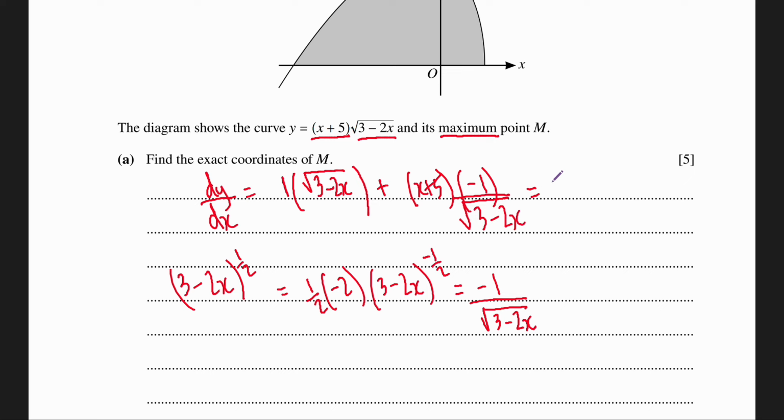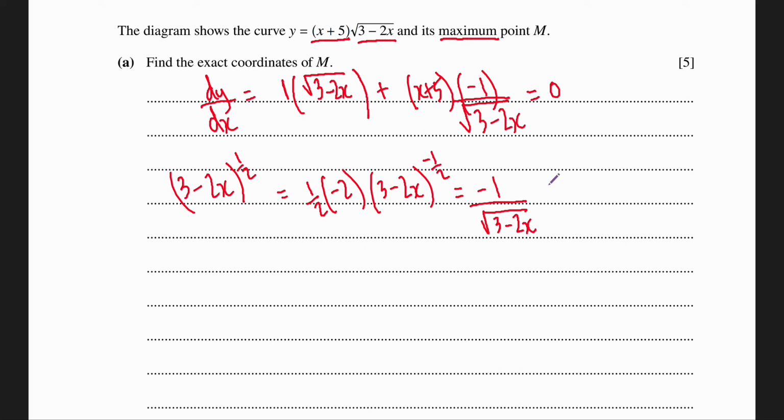And since it's the turning point, that is equal to 0. Well, what can we do now? We can just multiply everything by square root 3 minus 2x. So now when you multiply everything by square root 3 minus 2x, you get rid of this right here, and then you multiply this by itself. So square root 3 minus 2x times square root 3 minus 2x is just 3 minus 2x to the power 1.